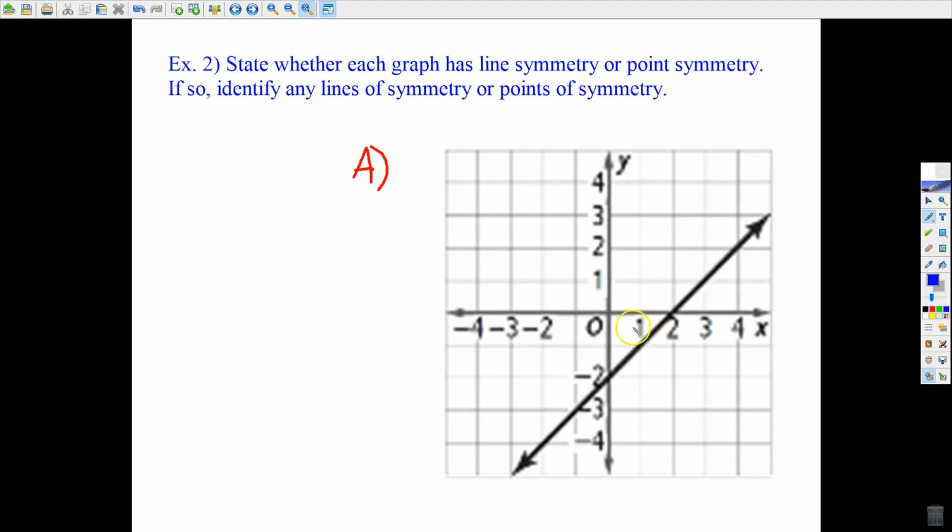It doesn't have line symmetry, but it does have point symmetry. So let's talk about that. It doesn't really matter where I make a point on this graph. Maybe I'll do it in red, it shows up a little bit better. Let's just say I put a point here, and then let's rotate. You kind of have to use your imagination a little bit, but think about rotating 180 degrees.